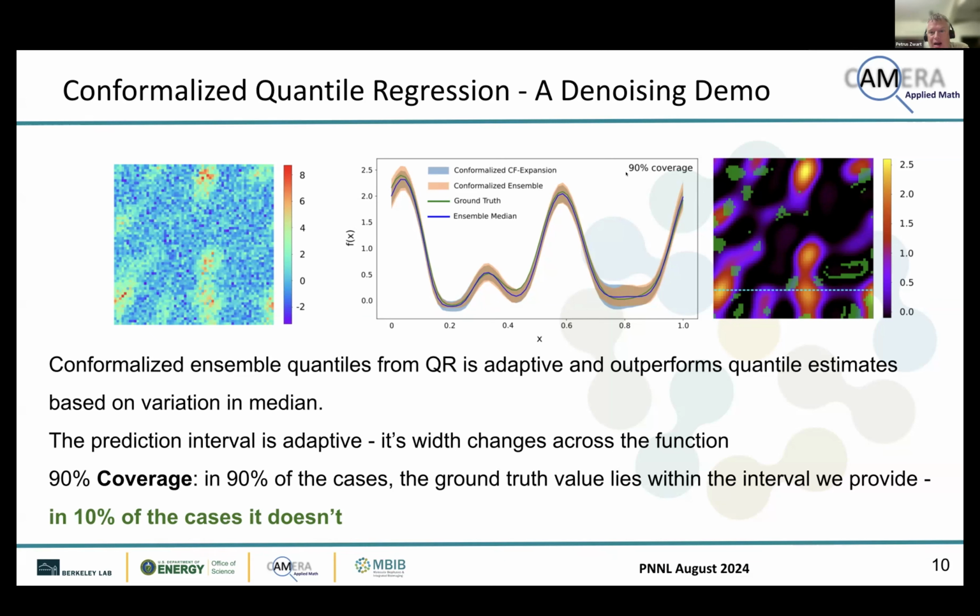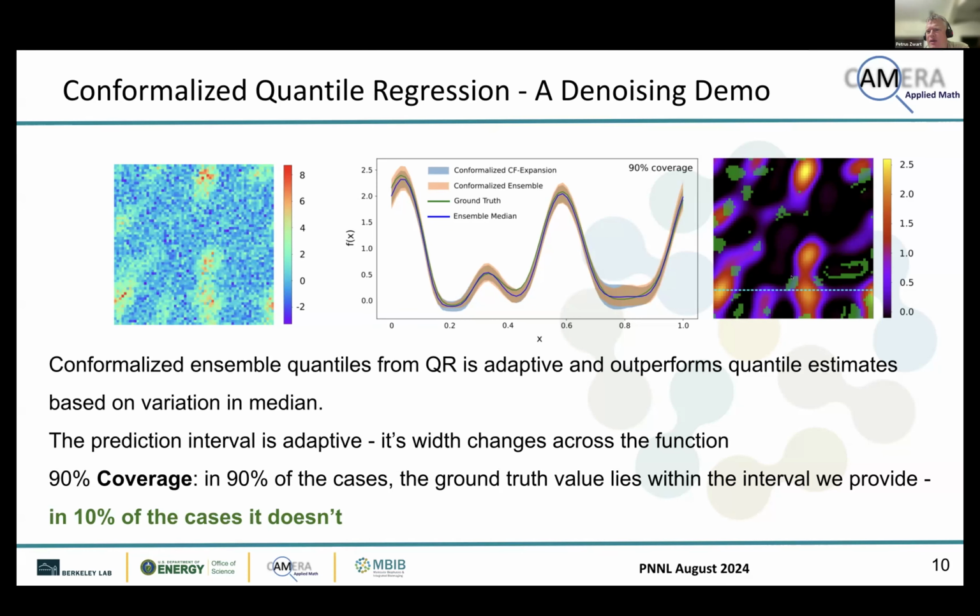What does that mean? 90% coverage means that in 90% of the cases, the ground truth value lies within the interval that we estimate. And of course, 10% of the cases it doesn't. And you see that 10% of the cases highlighted here in green. I think in this particular slide it's like 11%, but it's not far off. It's well within the margin of what you expect it to be.